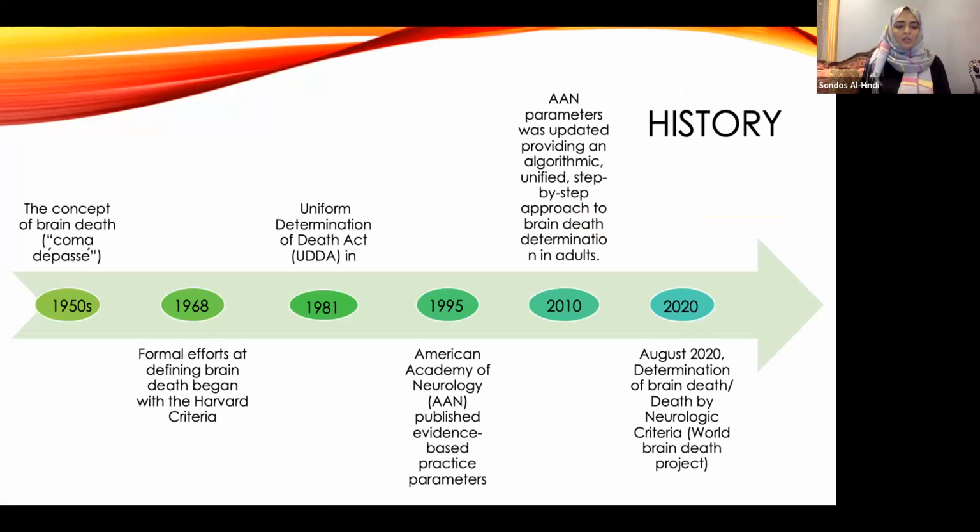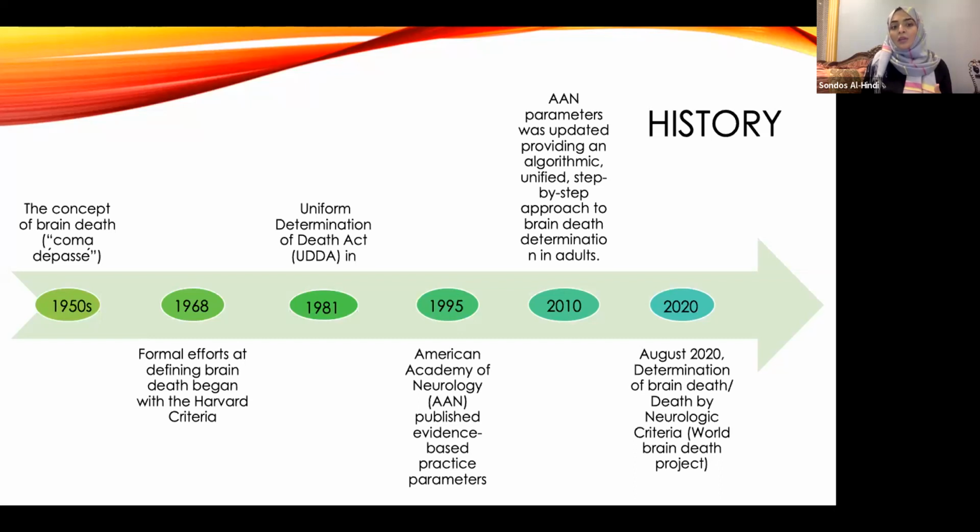So to start with history, the first concept of brain death emerged back in the 1950s. This was later modified, or we tried to put it in a formal definition, back in 1968 by the Harvard criteria. But this criteria was not full-blown, and it was only used at Harvard University and medical centers, but started gradually to receive some positive feedback.